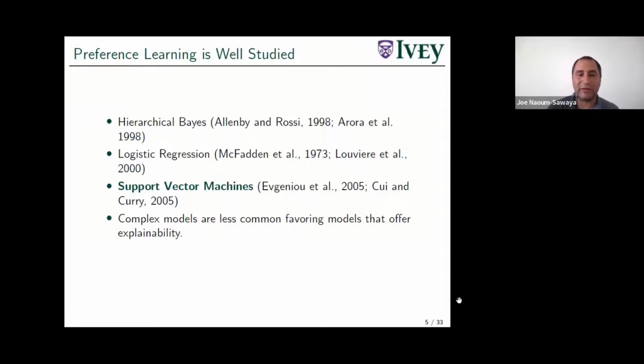So there is a lot of business context that comes to these models, and a lot of interest in explainability and simplicity, as opposed to more complex black box models that do predictions but provide less explainability.